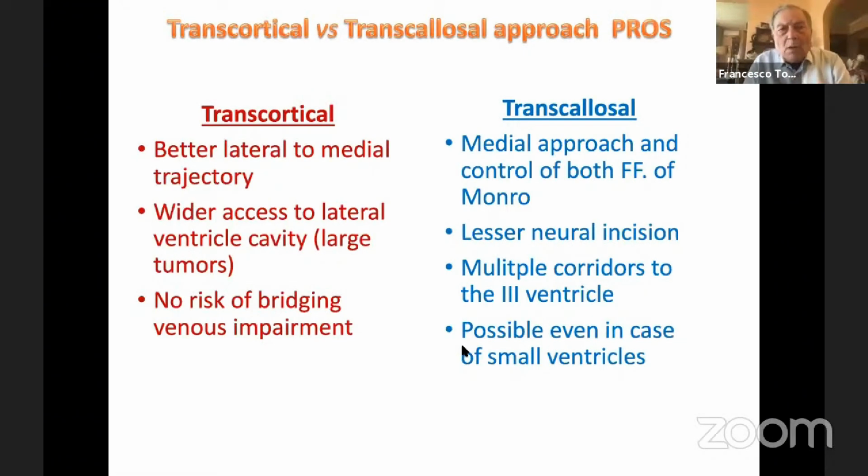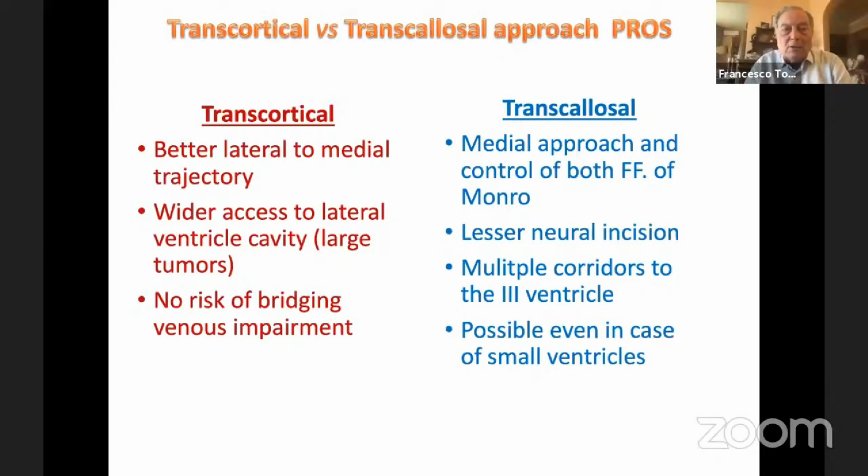So what are the advantages? For transcortical approach, probably the most important advantage is no risk of bridging veins impairment. But transcallosal approach has more advantages, as the approach to both foramina of Monro, lesser.